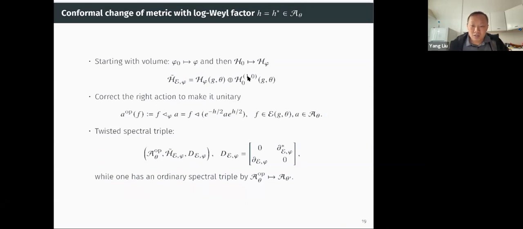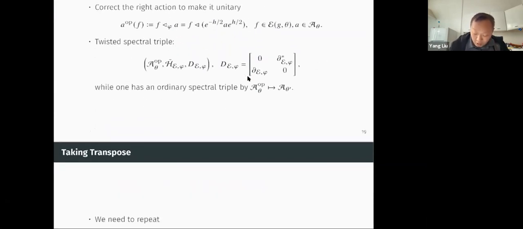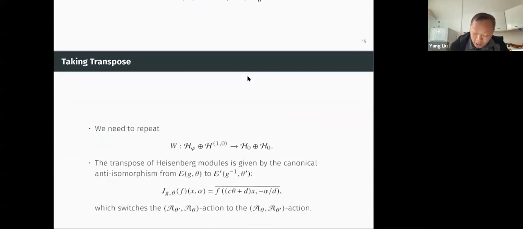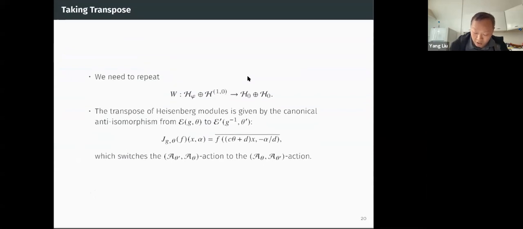Again, at this moment, for this one we cannot do computation because this Hilbert space is somehow abstract, because we have this H of phi here, and the H of 1,0, right? So again, we use this isomorphism W from before. Now to do computation, we just have to change the Hilbert space. We change the Hilbert space to H0, our favorite, because we have all these nice derivations, differentiations.